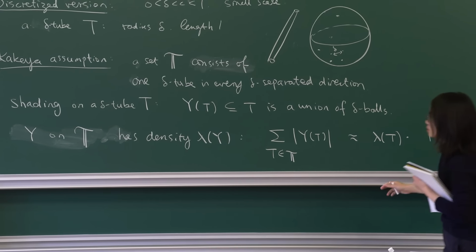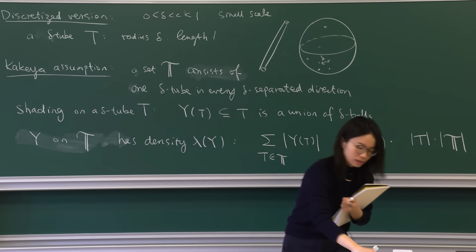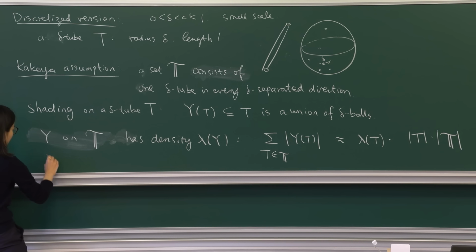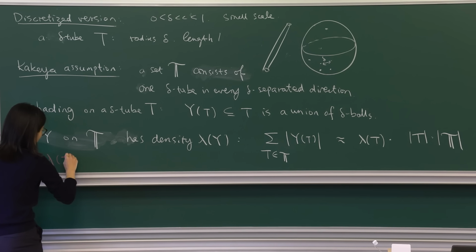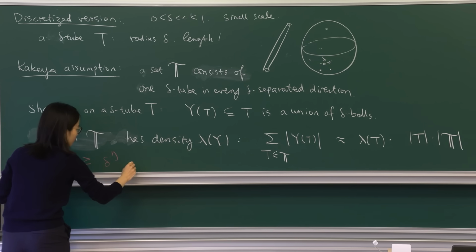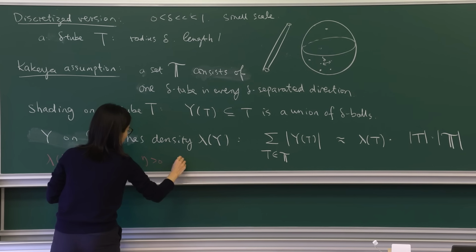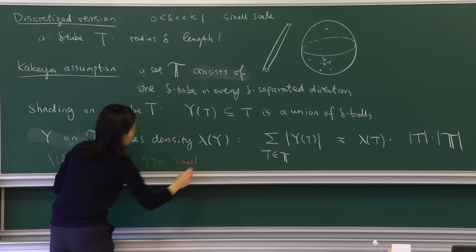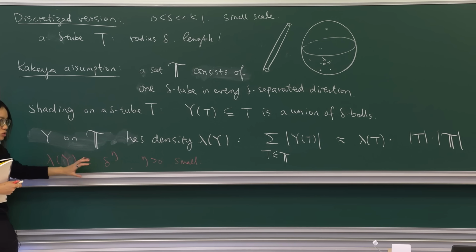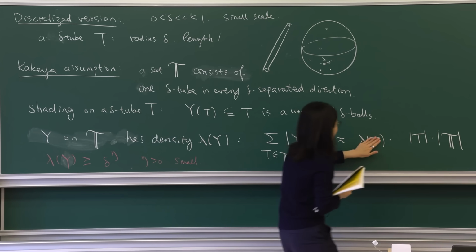So usually, in the lecture, we care about the density lambda_Y of the shading to be greater than delta to the eta, for some eta very small. For the more general problem, it's also interesting to study when this is smaller.